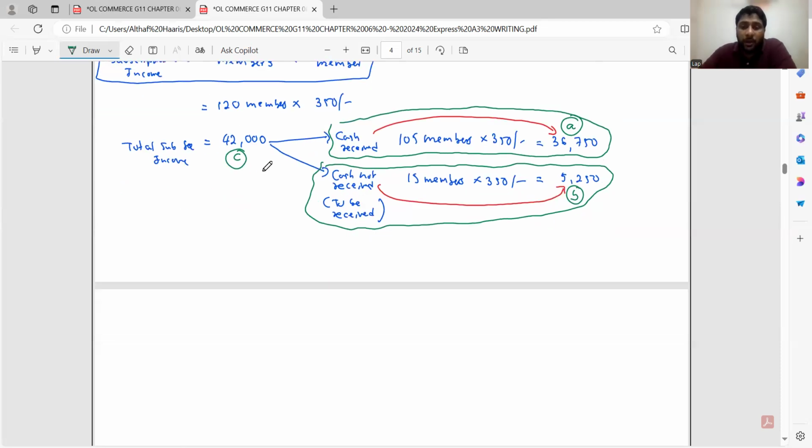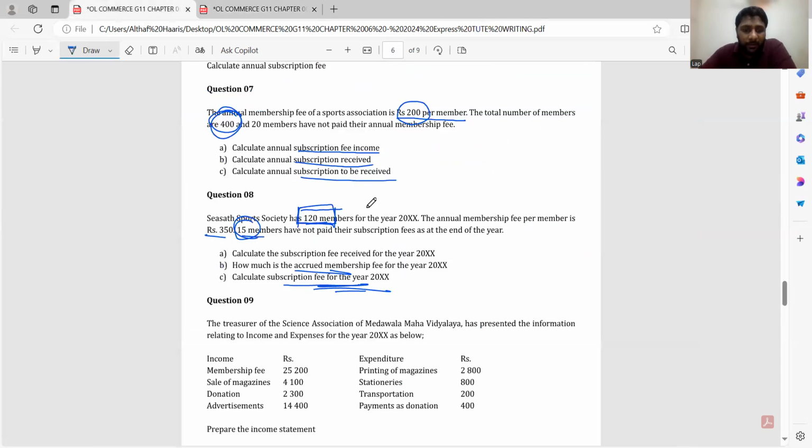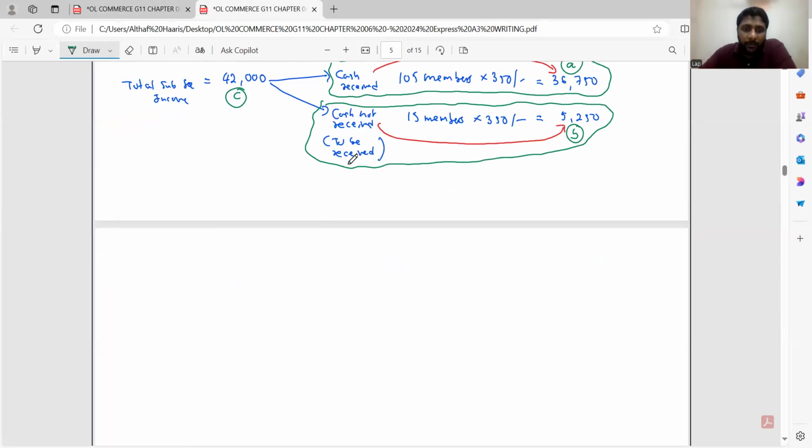So now based on these learnings, people, we learn actually 2 ways of calculating the total subscription income. First method, you write down both the methods.